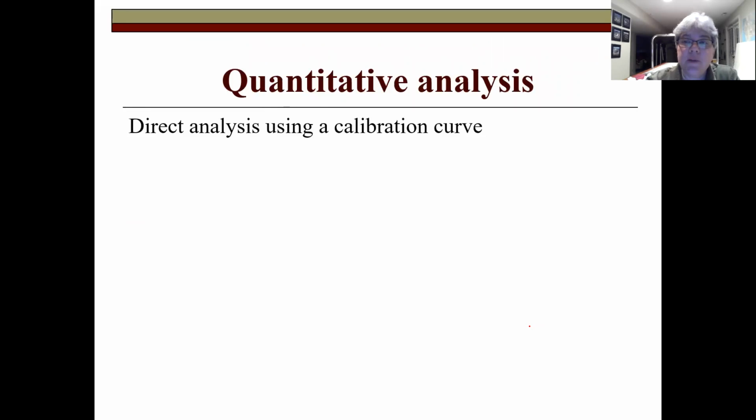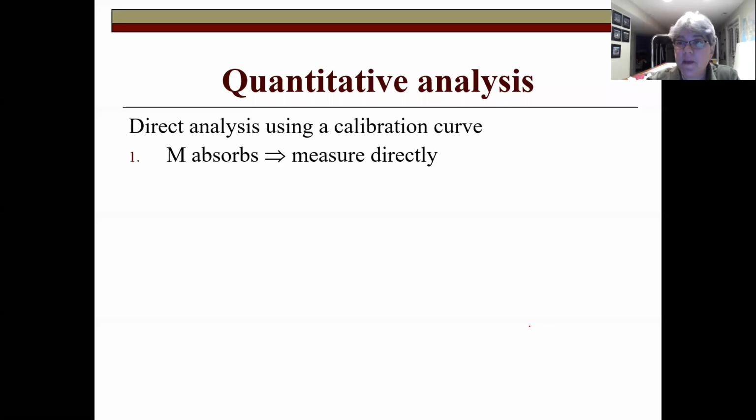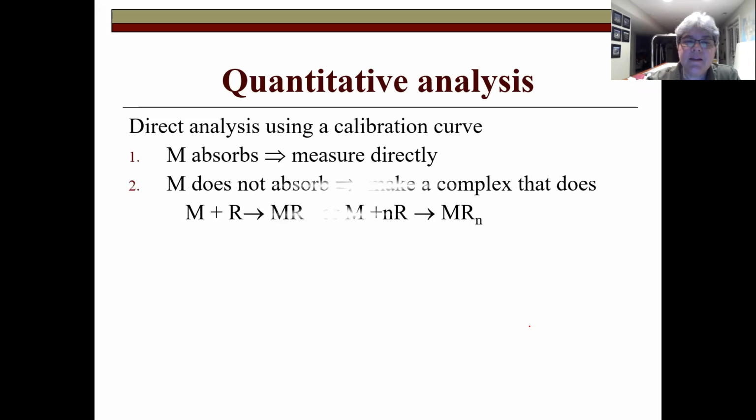So how do we use it? Usually you're going to be using a calibration curve. If your analyte absorbs, then you just measure your analyte directly. You make the standards and make the calibration curve, and you can determine concentration. Sometimes your analyte does not absorb, or it absorbs very weakly. Then you can do some chemistry and make a complex that does absorb.